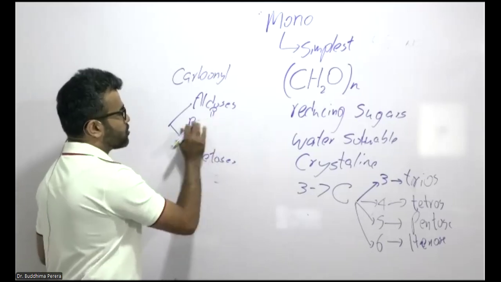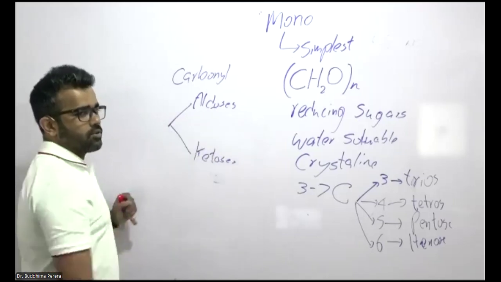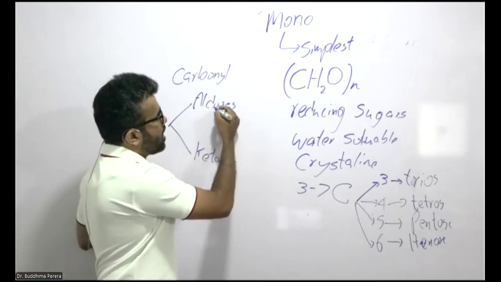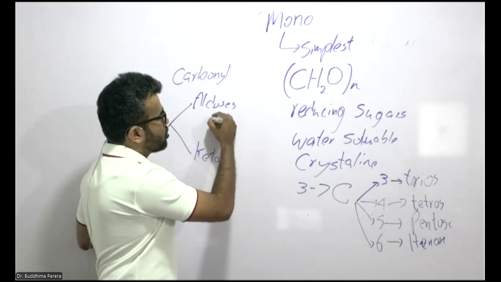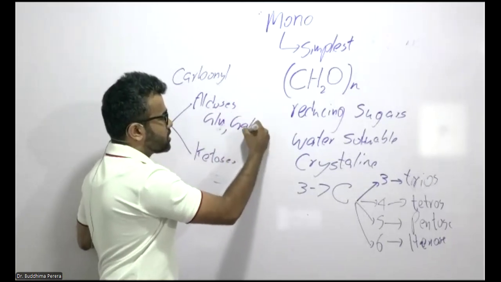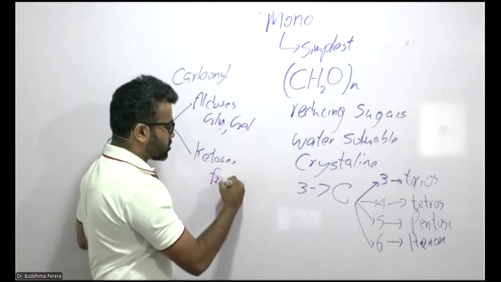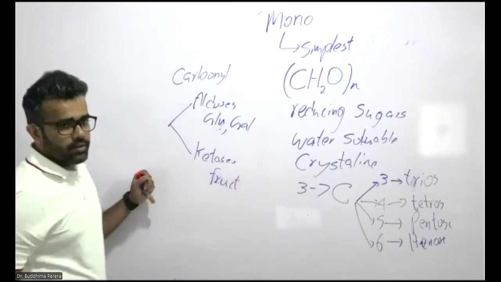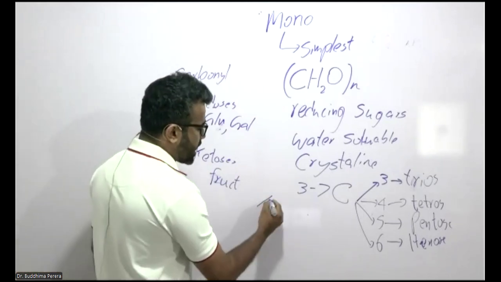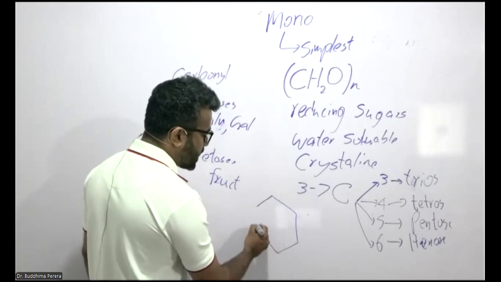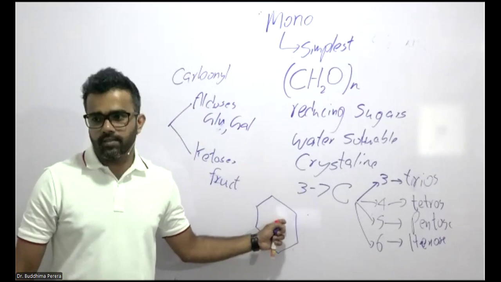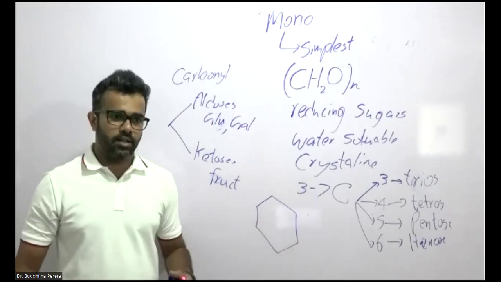So actually, you don't have to remember the format. No point. Okay. Right. Then aldoses. Aldoses are glucose and galactose. Ketose is fructose. Right? Then in aqueous media, most of the time, these monosaccharides are in ring form. That's why we draw glucose like this. In aqueous media, it is in ring form.